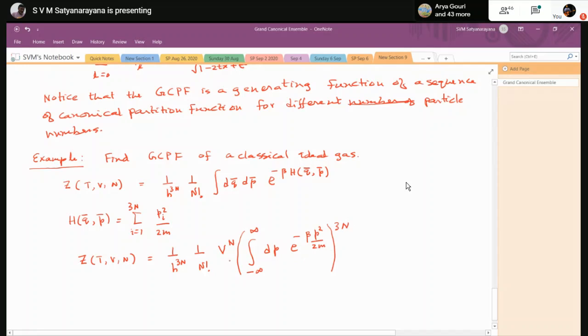So we have seen that this kind of integral with this h to the power 3N will be V to the N divided by N factorial into a quantum volume raised to the power N, where you can see that this VQ will basically be a function of temperature.